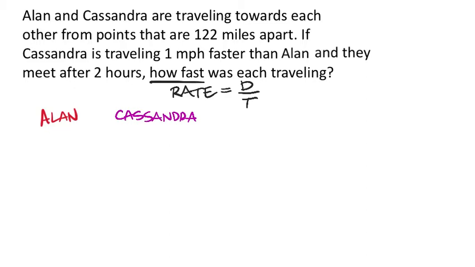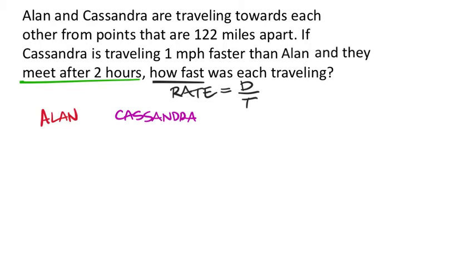I guess our final situation here is that they meet after 2 hours, so that's our time on that one. Right now, just having set it up as rate, I don't know that that's going to be the case on this one. This would mean that they both did travel 2 hours, though. I'm going to put that in.